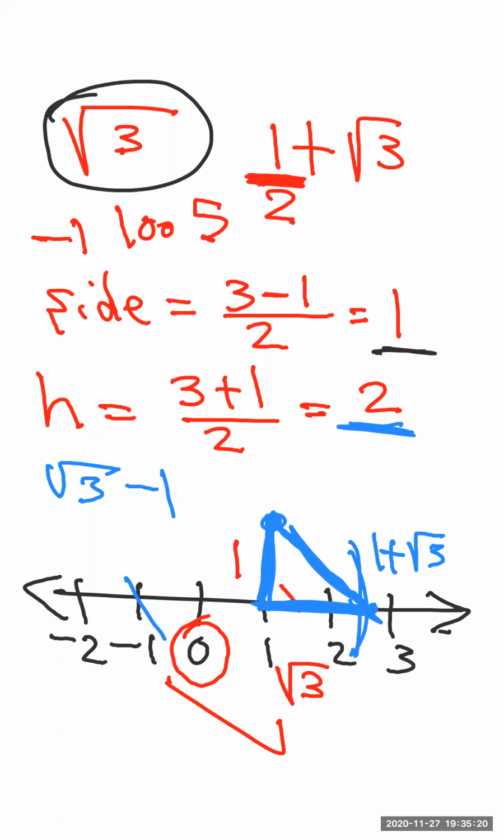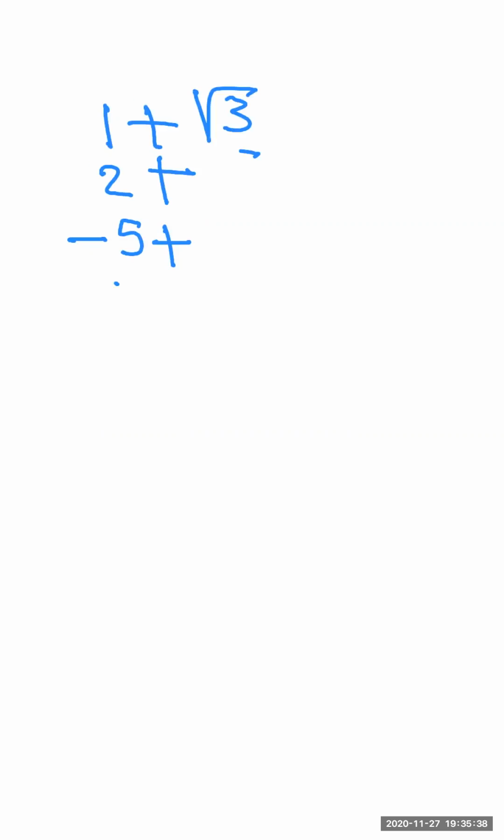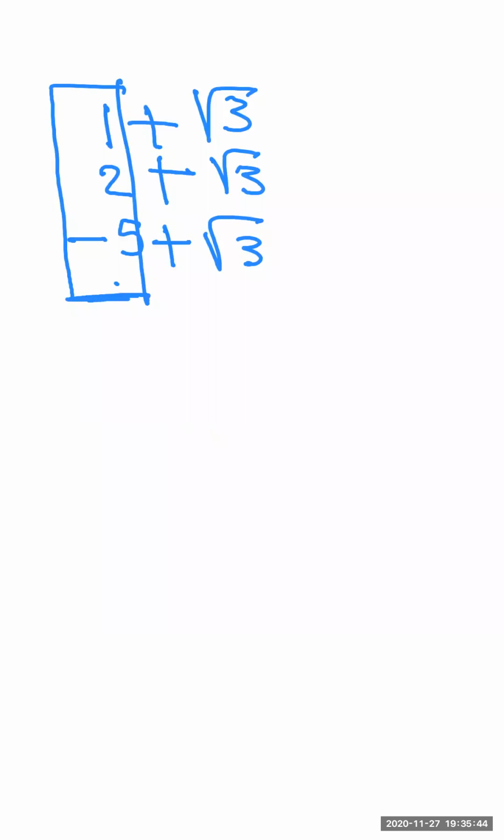Mister, when should we put the hypotenuse on the negative side? There was a question like that. I will show you all the cases now. If it's 1 or 2 or -5 plus square root of 3 like this, the only change is where I place the compasses: I have to start from 1, from 2, or from -5.